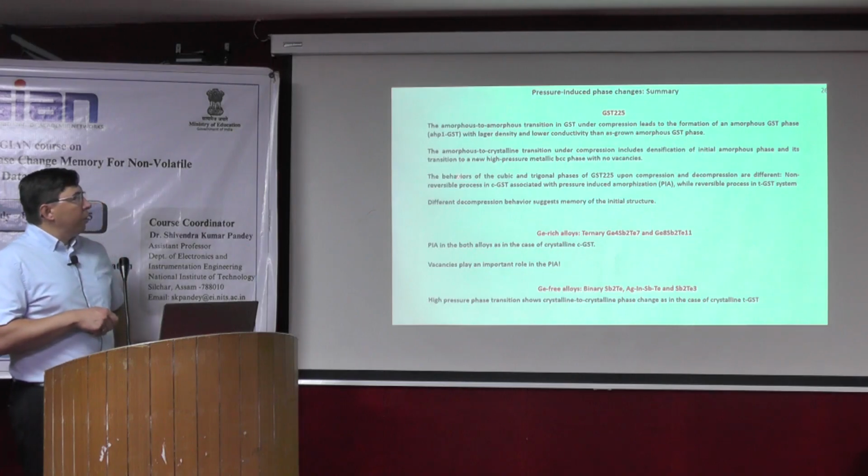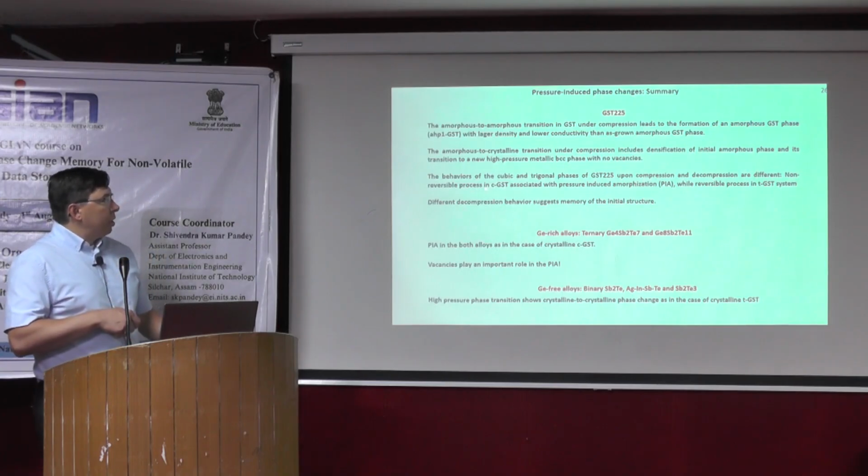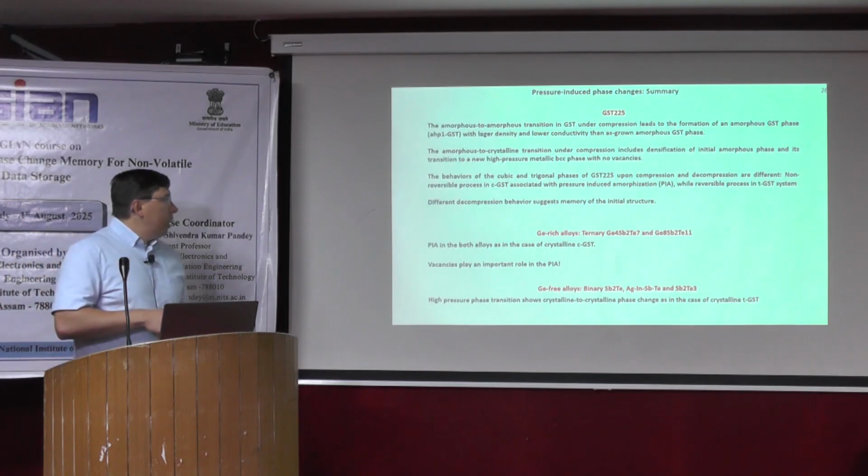So the behaviors of the cubic and trigonal phases of GST225 upon compression and decompression are different: a non-reversible process in the case of CGST, associated with pressure-induced amorphization, but a reversible process in TGST. And the different decompression behavior suggests memory of the initial trigonal structure.